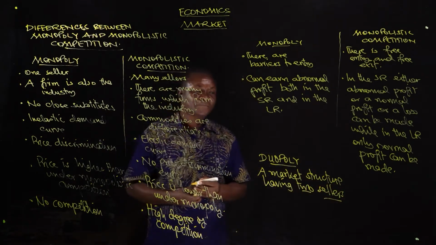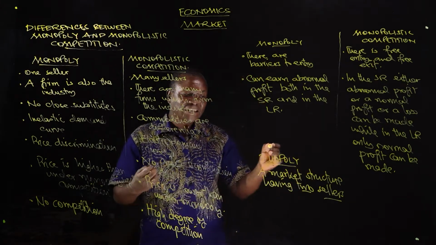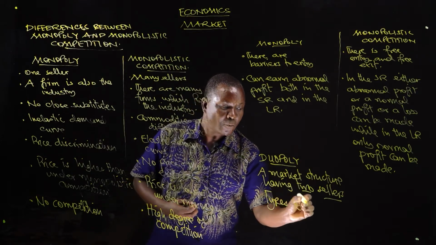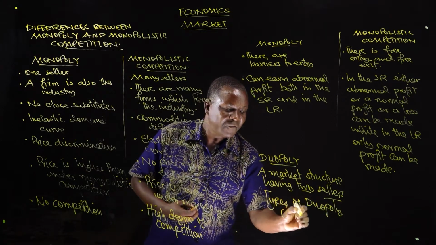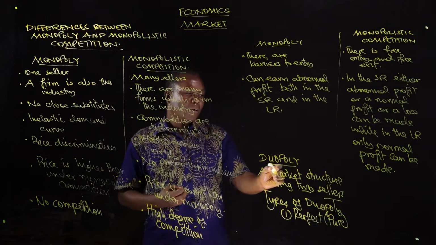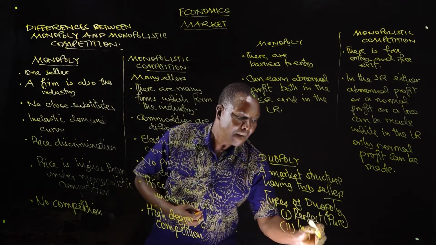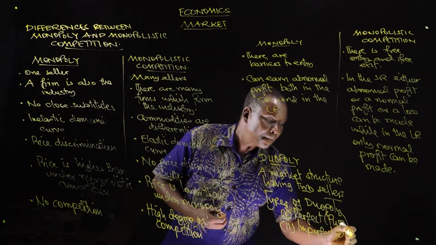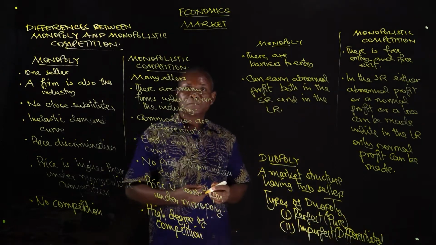Two sellers. We have two kinds of duopoly, perfect and imperfect. Perfect, which is also sometimes known as pure duopoly, and the second one is imperfect, or sometimes known as differentiated duopoly.